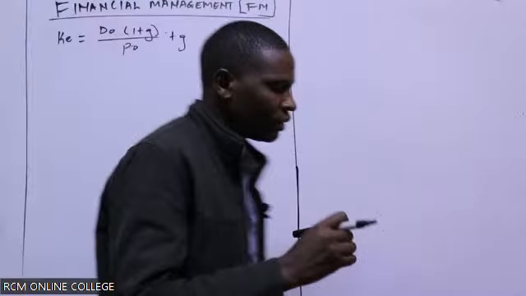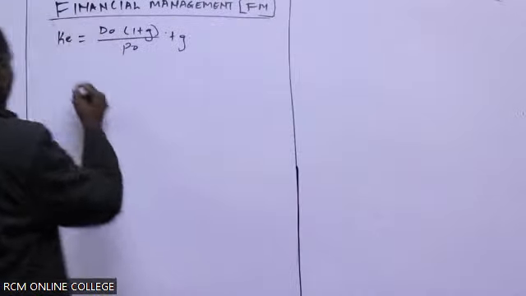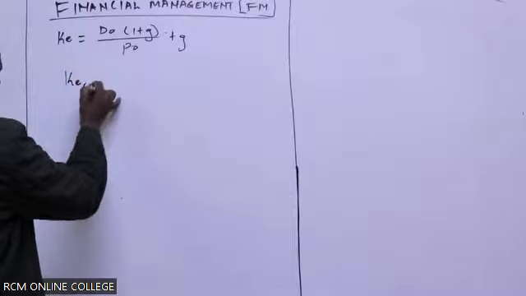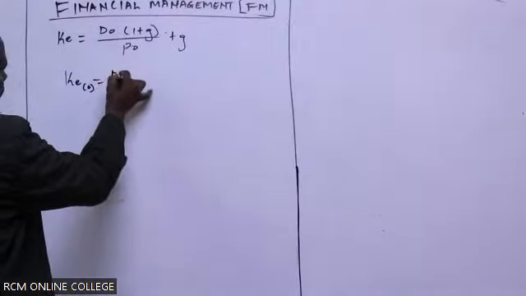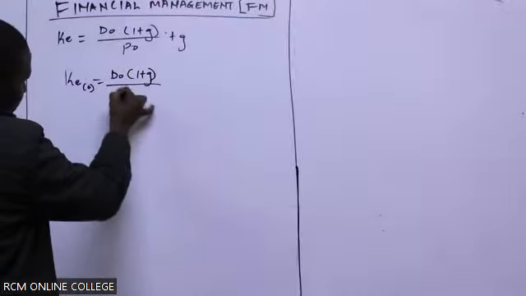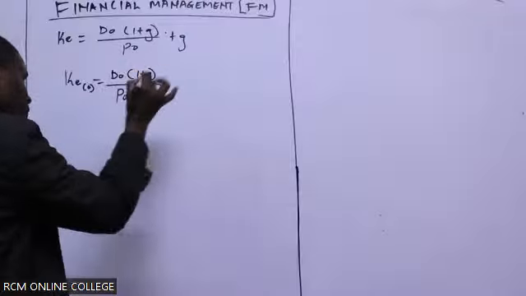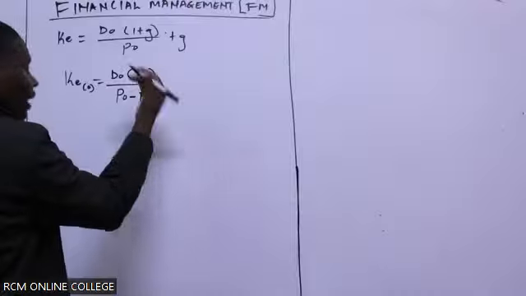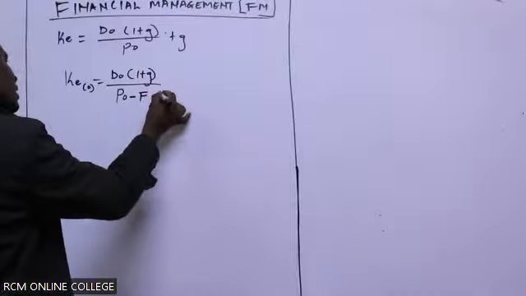Now when we go to the KE of ordinary share where we are issuing new shares, it will be D0(1 plus g) divided by P0. Then we have to incur some cost here, issue cost, flotation. We have to give some discount.